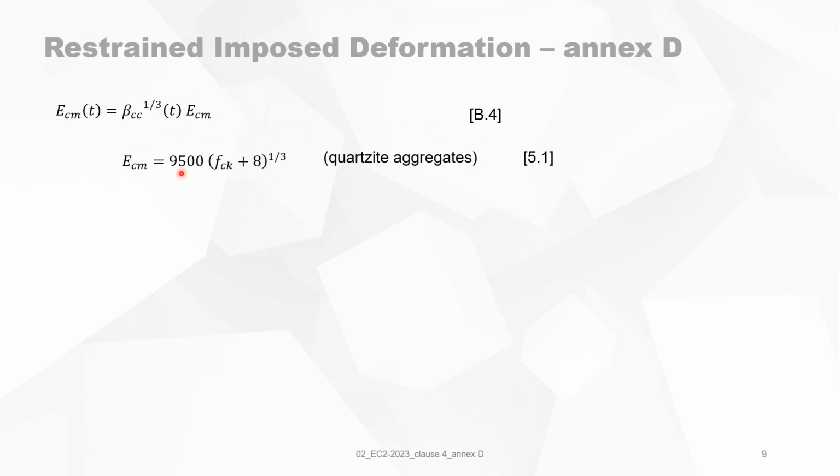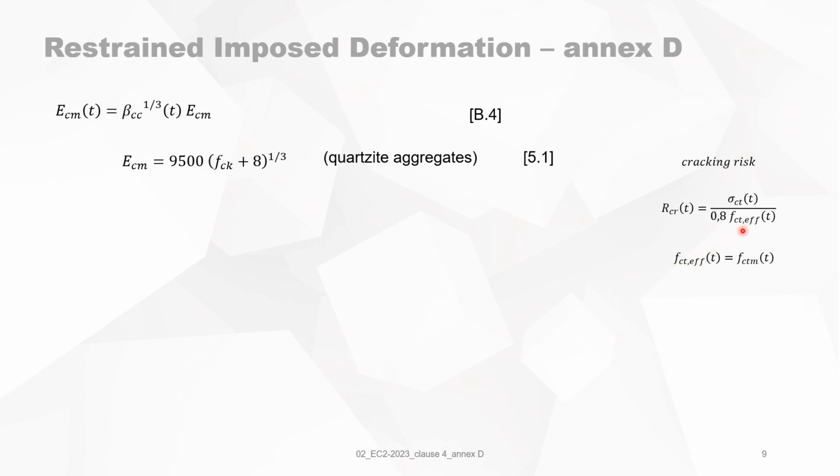And then this is the ECM, the mean modulus of elasticity. In most cases it's quartzite aggregate, so we take the value of 9,500 times fcm to the power 1/3. And just remember that the cracking risk was the tensile concrete stress divided by the resistant tensile concrete stress.